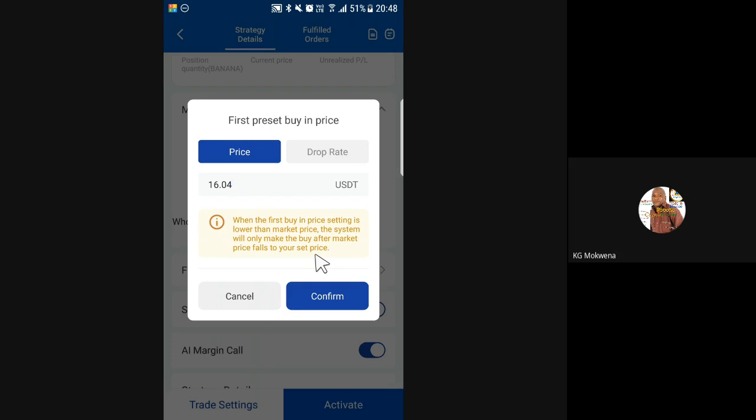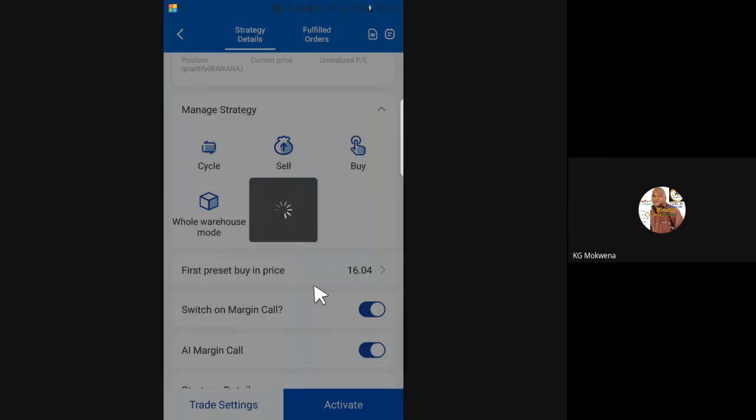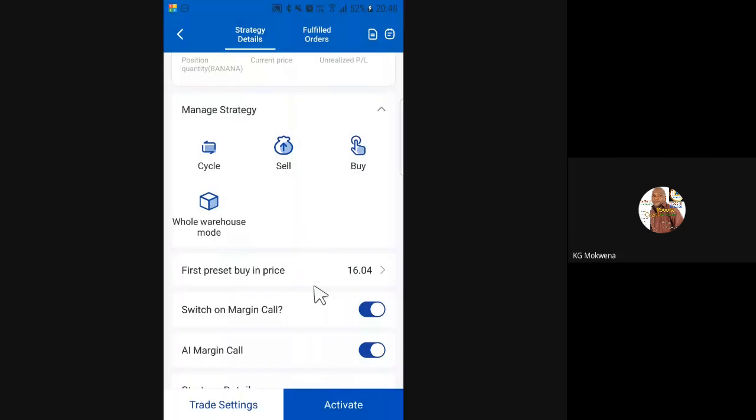So which means the price we want is lower, and currently the market is $25. We want to buy around here. Remember, we want to buy around 16, and then we increase our take profit to 20%, for instance.